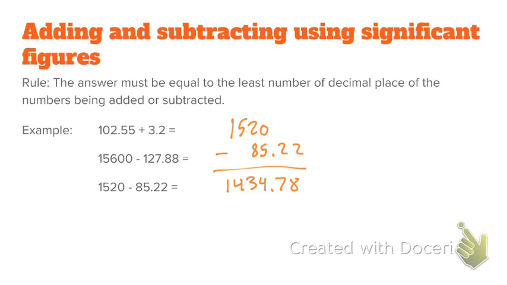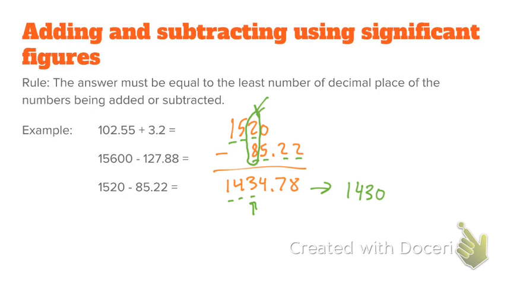You'll notice the one they have in common. 1520 has three sig figs, whereas 85.22 has four sig figs, going all the way to the hundredths place. The lowest decimal place they have in common is right here. This is called the tens, right? So I'm just going to go to the tens place. This will be 1430. So 1430 will be the number. Okay, so that's for adding and subtracting.